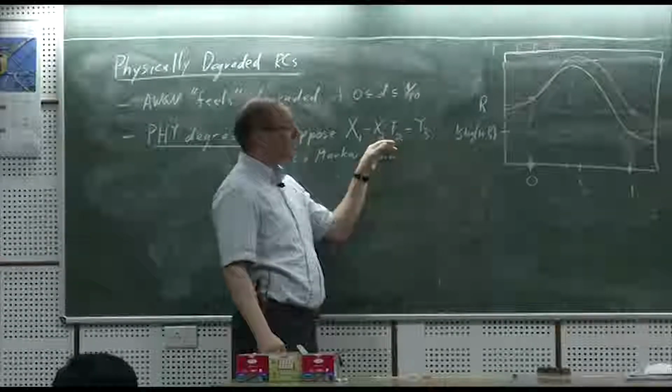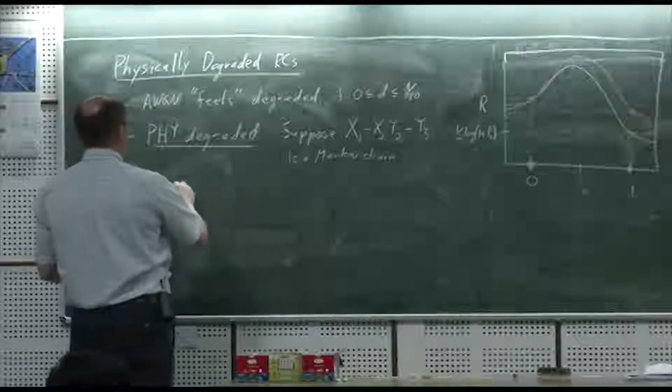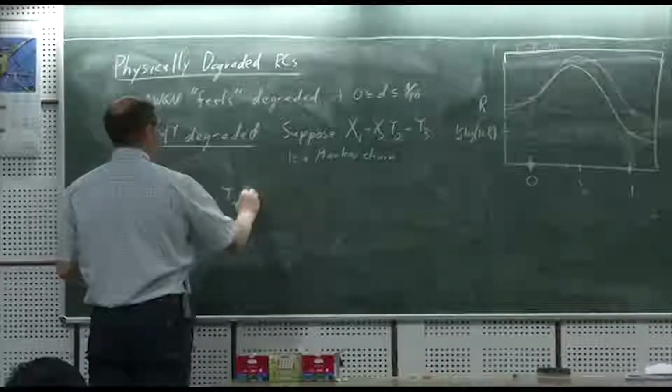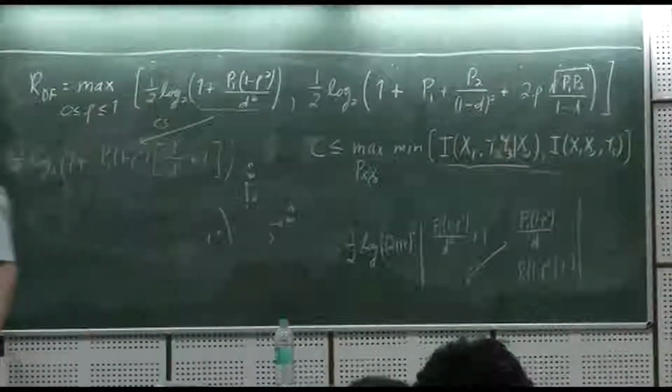Now this turns out not to be true for our Gaussian channel. Then we have the following. If we look at I of x1; y2, y3 given x2, namely this term here, clearly it's just going to collapse to the decode forward rate.